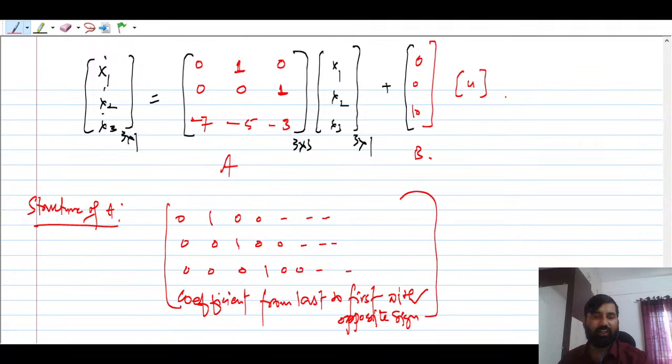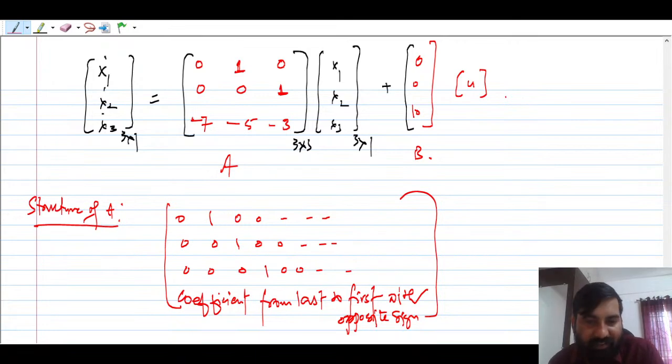So you will not take much time to solve the question, right? You can directly, please remember, there are different forms. I will discuss canonical forms, CCF, OCF, so many forms are there. I will talk about that, but please remember this is one of the standard ones. From the differential equation you can directly get this format. 0 1 0, 0 0 1, like this.